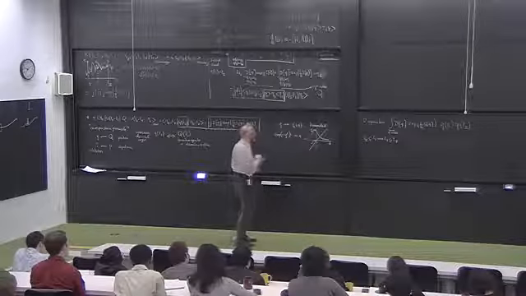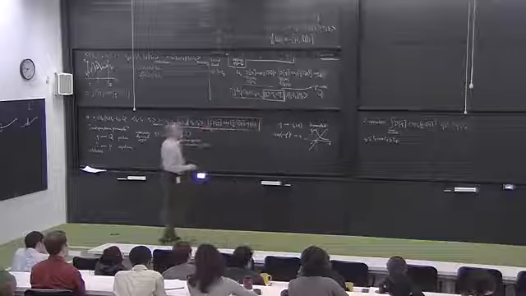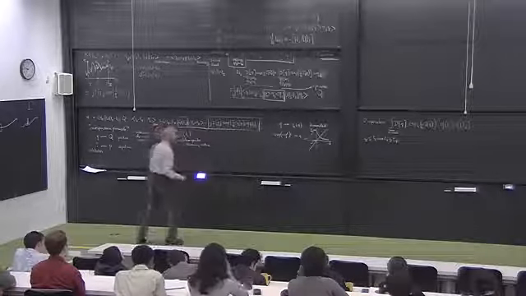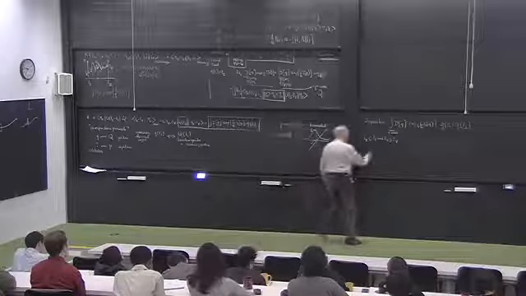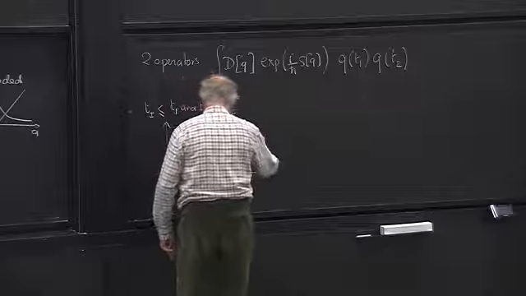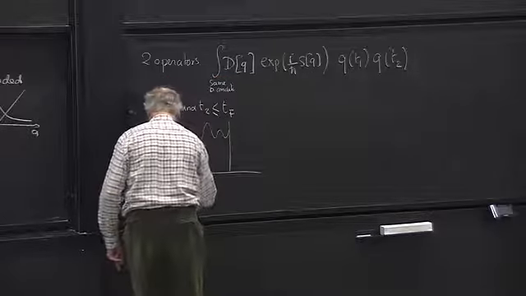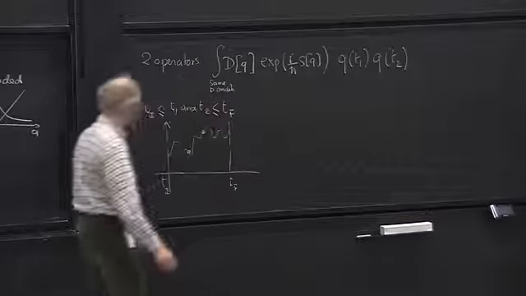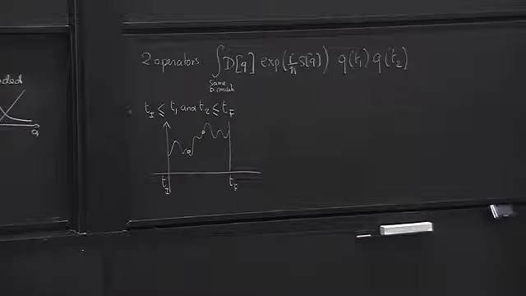Okay? Well, you can play the same game, simply because what you have to do now is to do a path integral from t initial to t final and measure the position at two times.